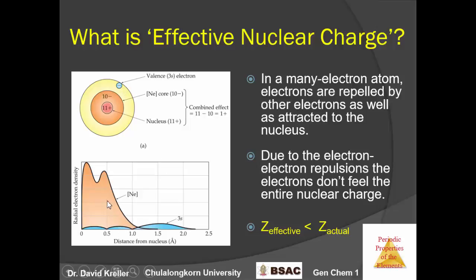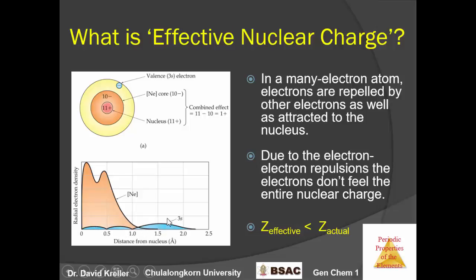And here's a picture, an electron density map for the electrons. And this indeed shows that that inner core of electrons, which has a lot of electron density, right, because there are 10 of them, lies basically inside the orbital for that 3s electron, which is kind of complicated, of course, because it's a wave function.